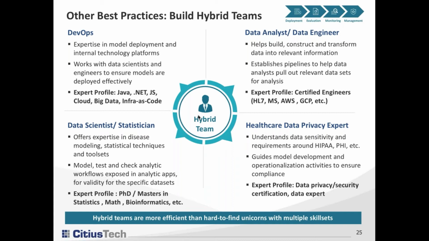The point here is that these teams should be involved in the data science lifecycle and model operationalization steps as much as possible. In fact, yesterday there was an article about how MD Anderson was hit with a $4.3 million fine for not following proper protocols for securing patient data. And this resulted in a breach of roughly 33,000 patient records. This really underscores the need for having data privacy experts be an integral part of any process that relies on sensitive data.